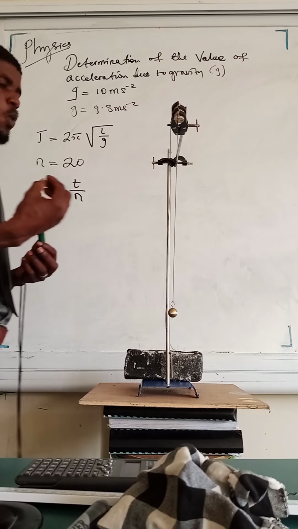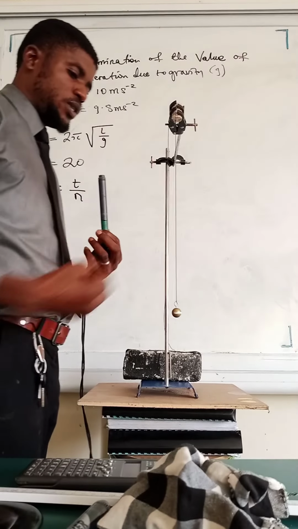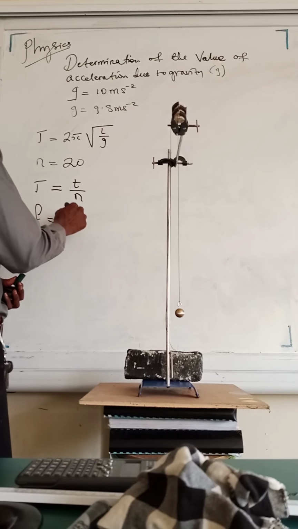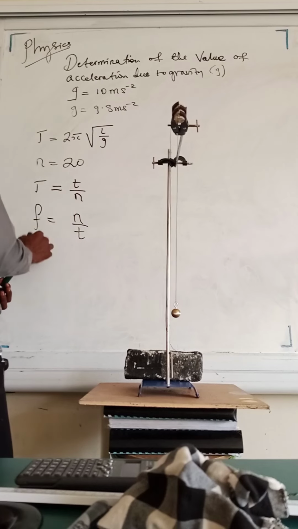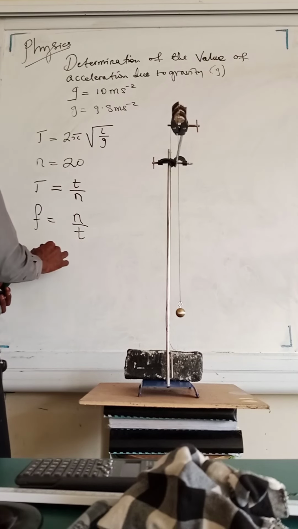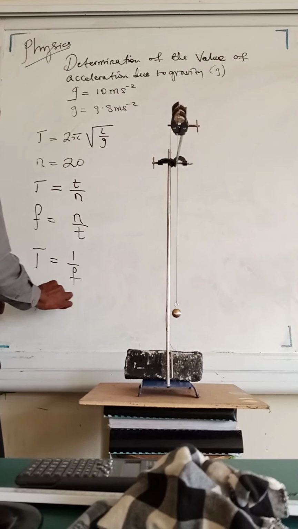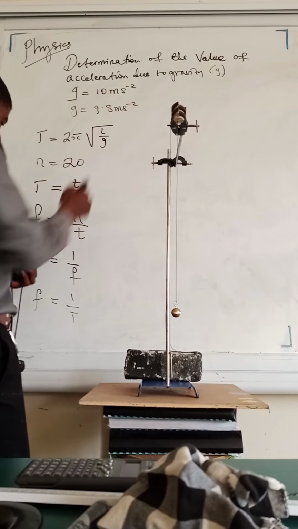Of course, we also find the frequency of oscillation of this bulb. And the frequency f is given as n over t. And that is why we always have our T equal to 1 over f, and our f equal to 1 over T. So we are going to make use of all these equations.